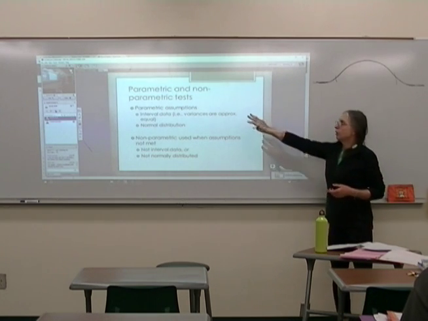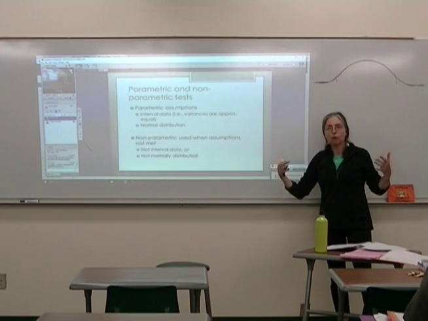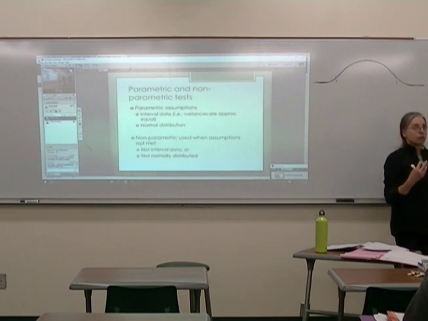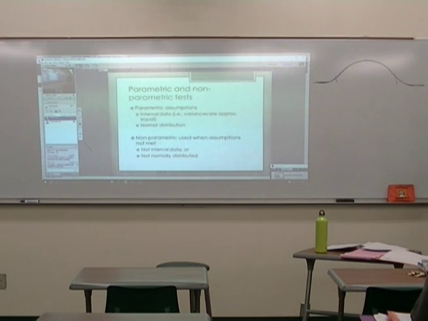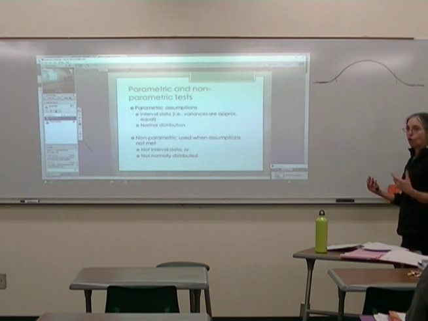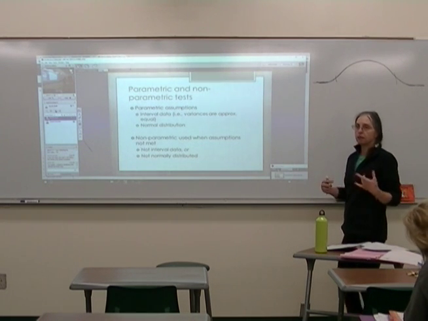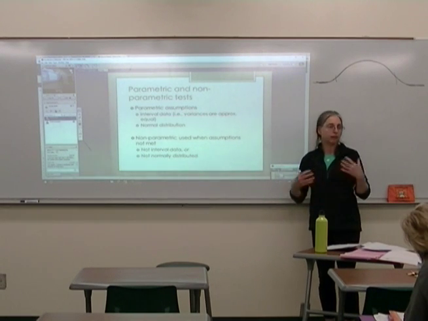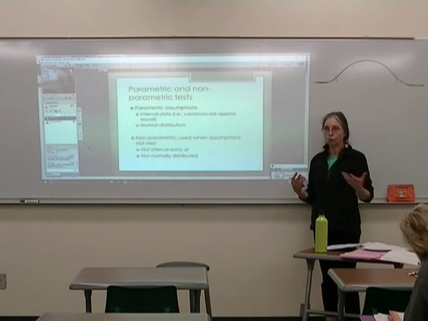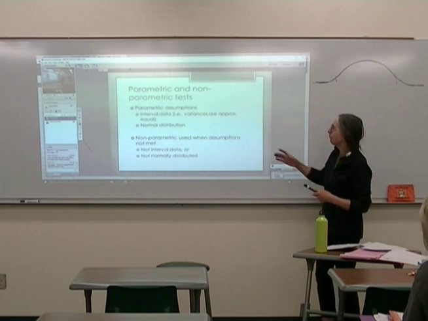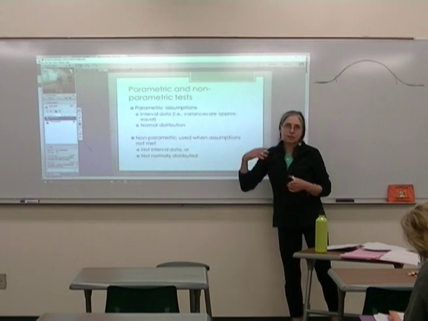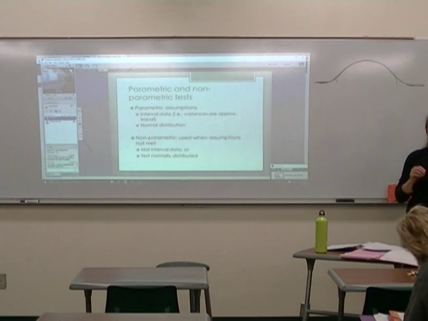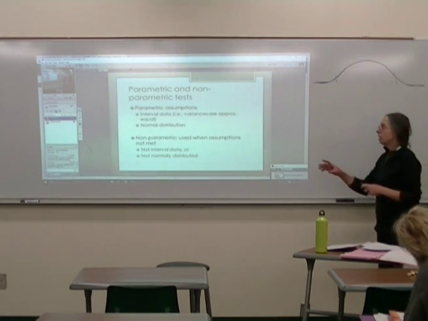If we're going to use a parametric test, so an ANOVA, a t-test are parametric tests that you'll see a lot of in PE kinesiology type papers. A lot of people use t-tests and ANOVAs of one form or another. Then there are some assumptions that are made about the data if you use those tests.